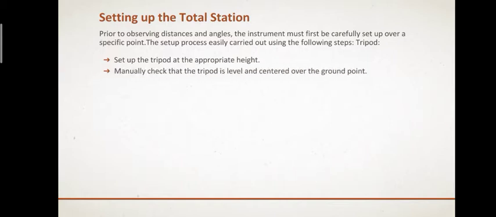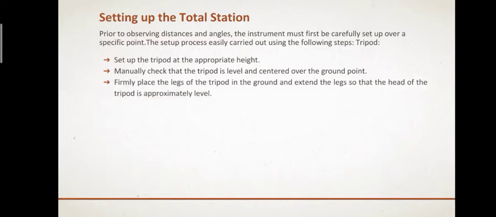Manually check the tripod is level and centered on the ground point. Firmly place the legs of the tripod in the ground and extend its legs so that the head of the tripod is approximately level.